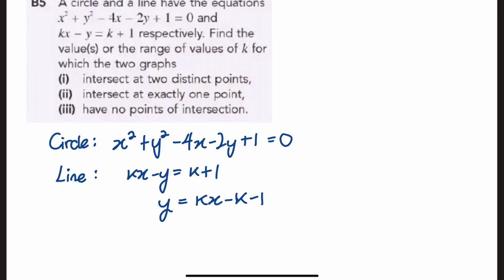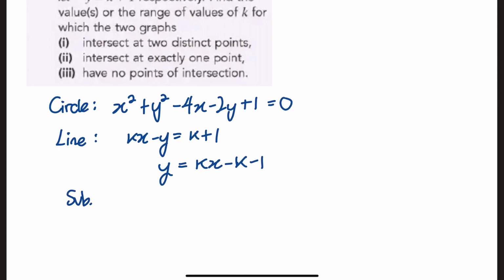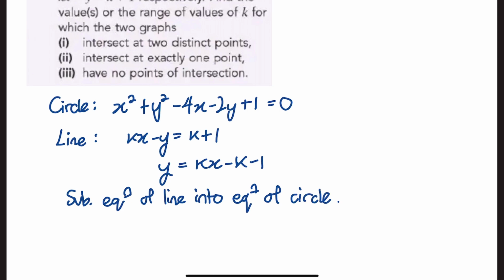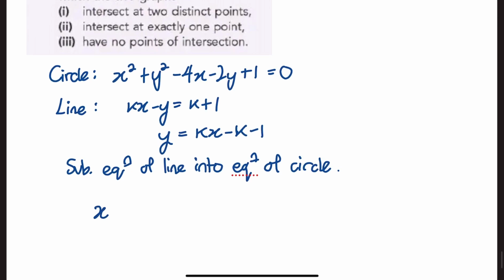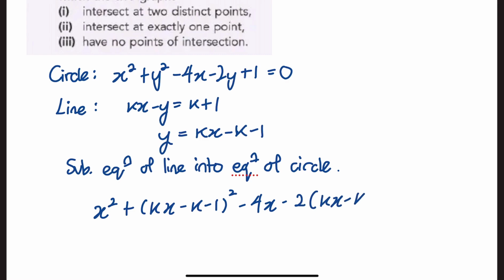So therefore, to find the intersection points between the circle and the line, I just need to substitute the equation of the line into the equation of the circle. So what I need to do now is x squared plus (kx minus k minus 1) squared minus 4x minus 2 times (kx minus k minus 1) plus 1.